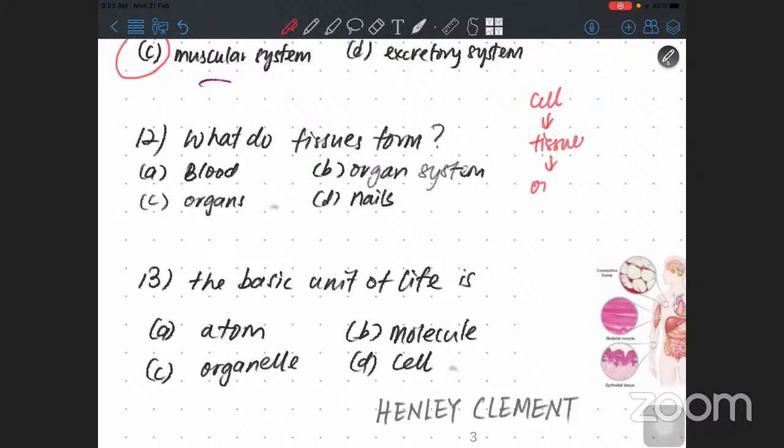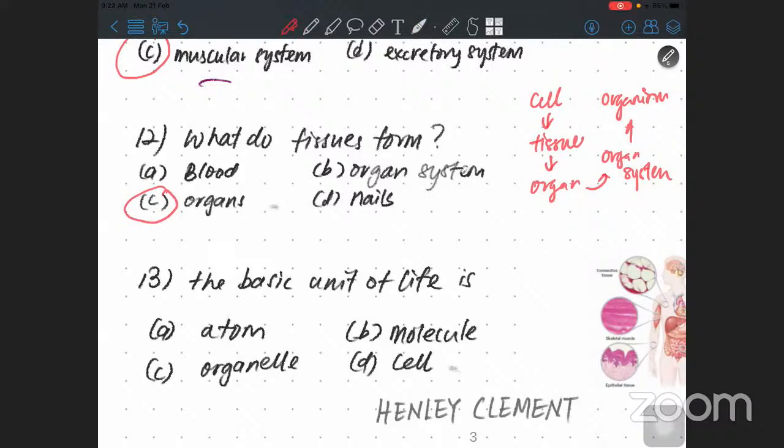In tissue you have organ, then you have organ system, finally an organism. So the answer is around here. So the answer is organ.